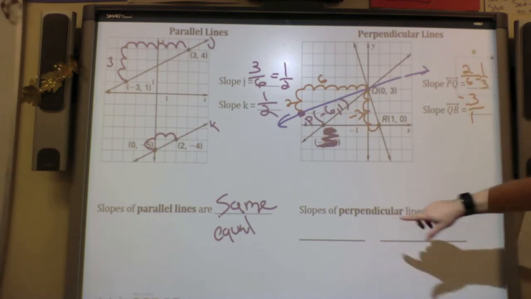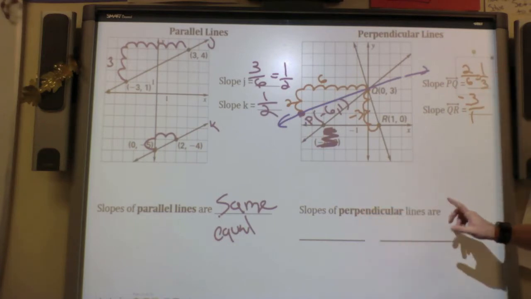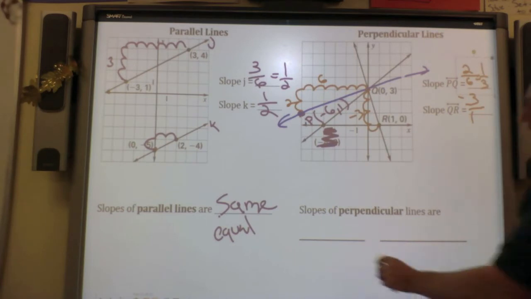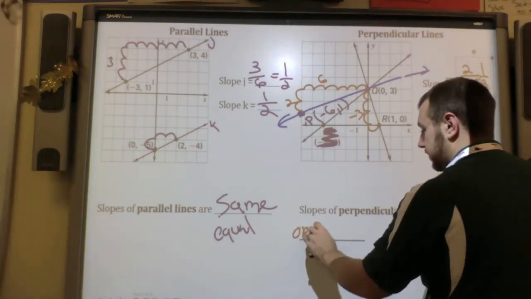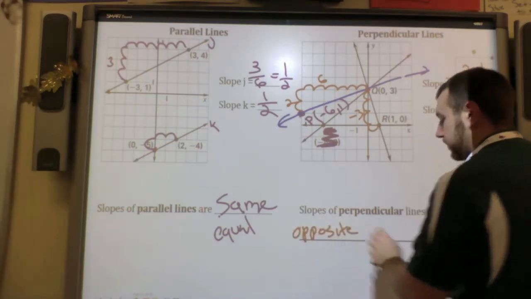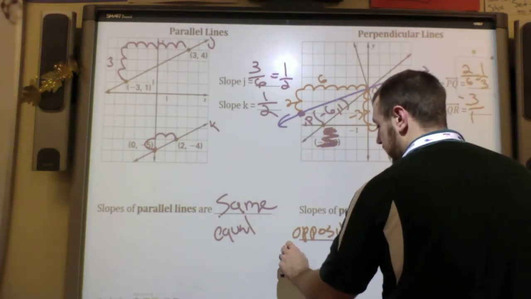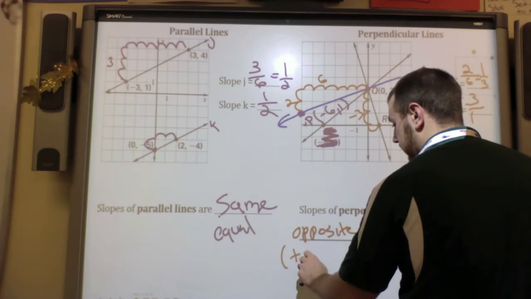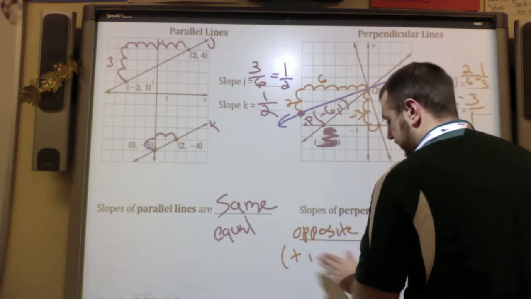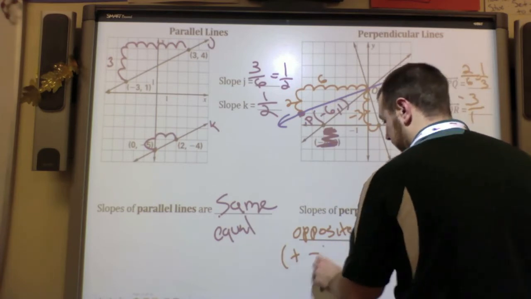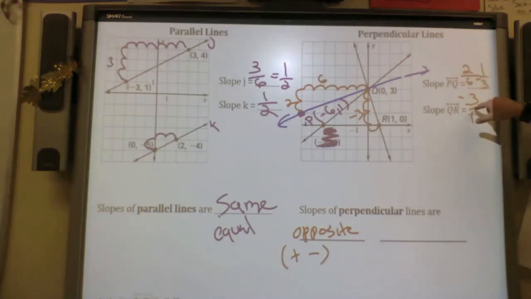What happens is the slopes of perpendicular lines are opposites. Okay, means one's positive and one is negative. Okay? This one's positive, this one's negative. And they're reciprocals.